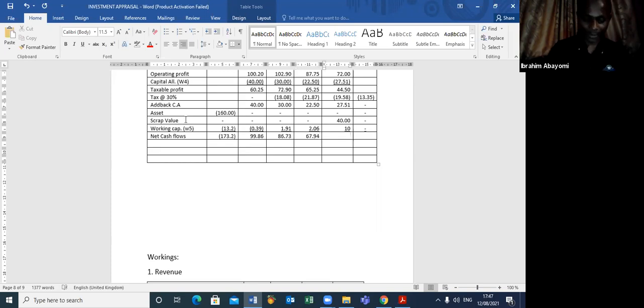And here is 44.5 minus 19.58 plus 27.51 plus 40 plus 10.